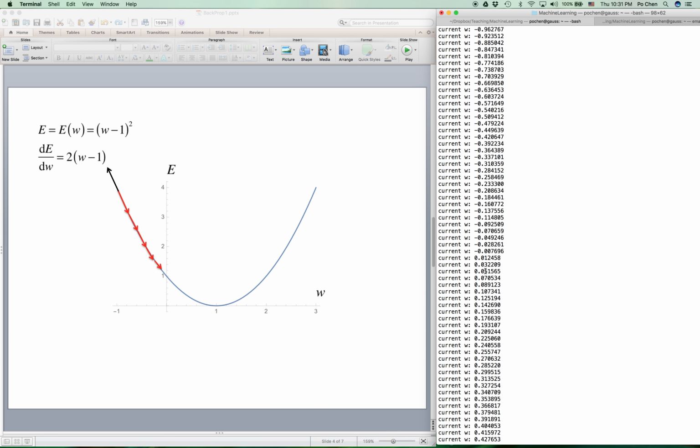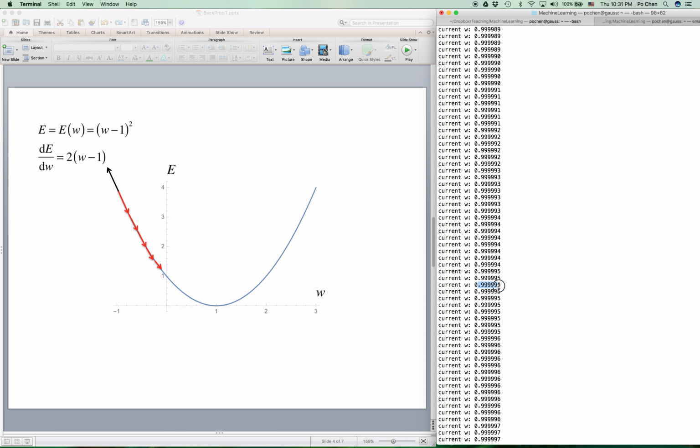Here it has come close to 0 now. W has come to this point here, very close to this point, right? And then it's going to keep increasing, and eventually it's going to come to 1, right?